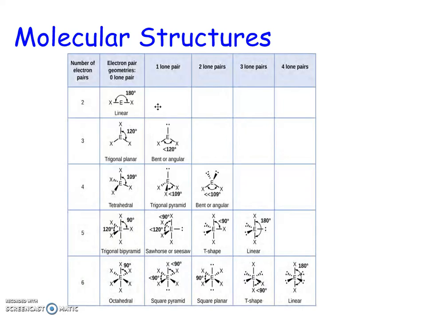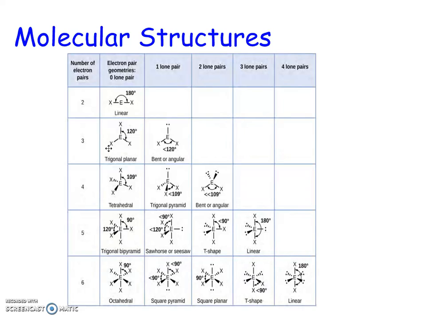Now, you can't have 1 lone pair if you've only got 2 regions of electron density, or you have just 2 atoms bonded together, which would be in a straight line because 2 points determine a line. But if we go to more regions of electron density, some of those lone pairs are affecting the shape of the molecule, but do not get counted when we're looking at the shape of the structure itself.